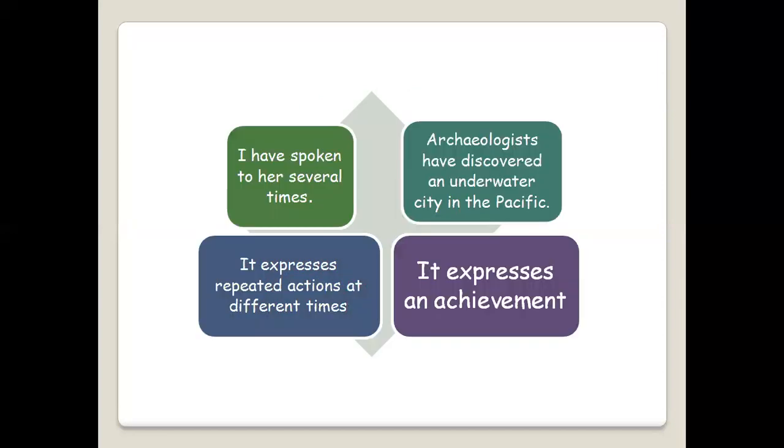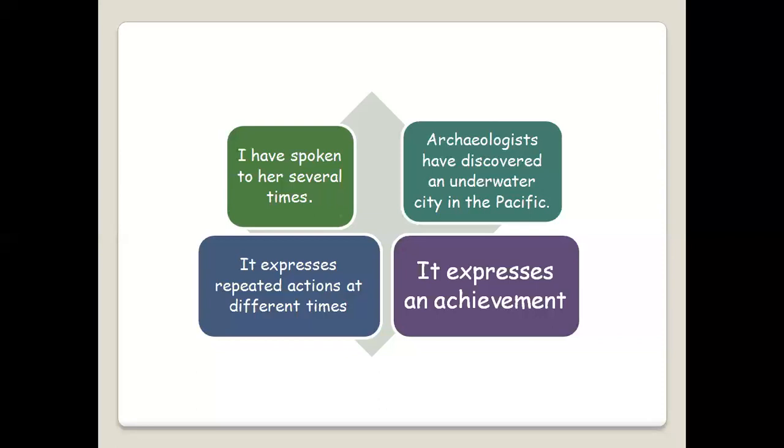Now here we have two examples for two different usages. When I say I have spoken to her several times, which means many times, which means repeated action. So here I'm talking about a repeated action which happened at different times.